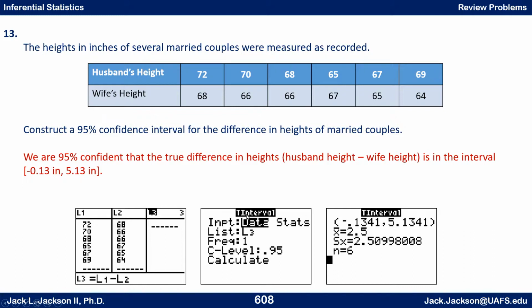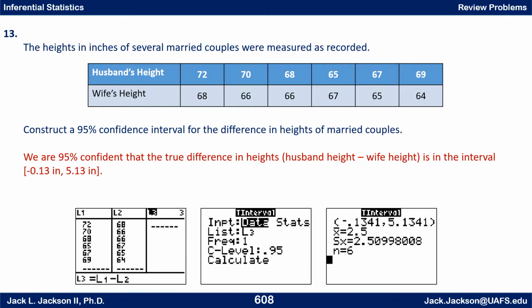Then we run an interval. T-interval, but we're doing it on L3, which is the data that they want. So data is in L3. The confidence level is 0.95. Have it calculated, and it calculates the interval from negative 0.13 to 5.13.